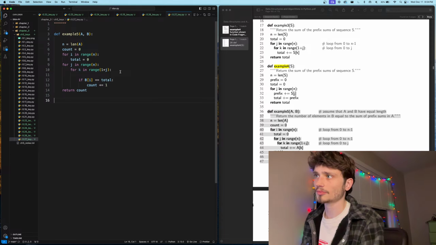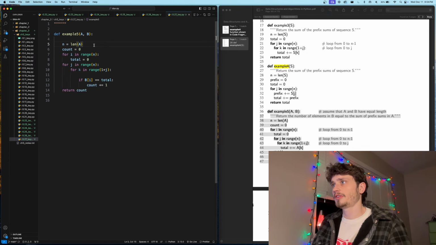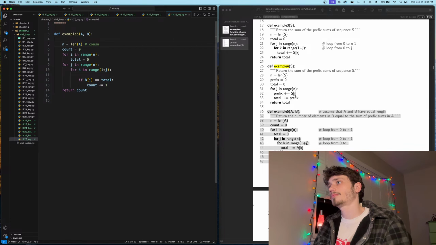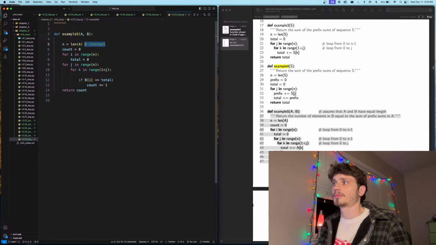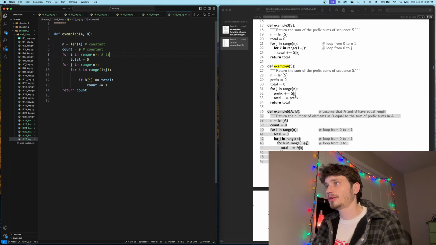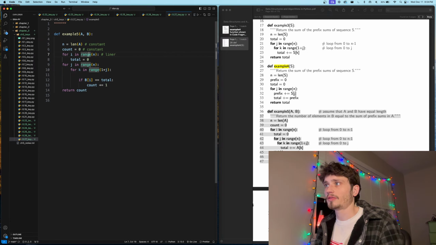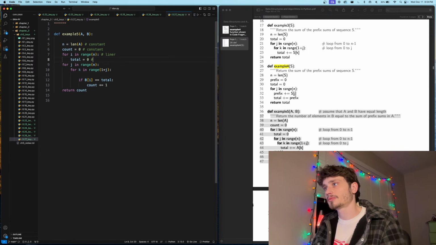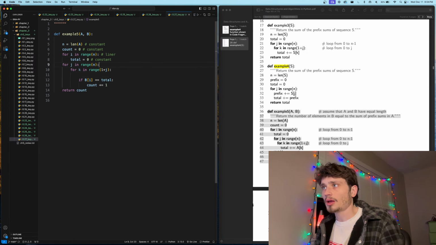There we go. Okay, so now if we go over this, this is going to be constant time. This is also going to be constant time. For i in the range of n, total equals 0. So this is going to be linear time where we're iterating over every range value of n, from 0 to n minus 1. Oh, sorry, constant here.